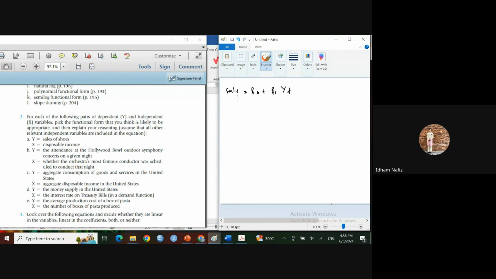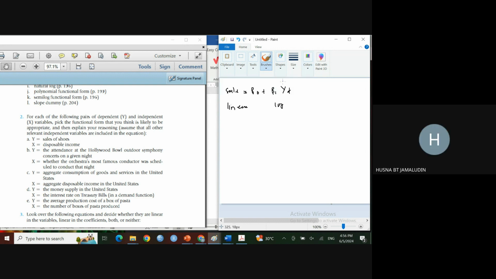Because it will increase at a decreasing rate. Is it? Explain. So when your disposable income increases, you are saying that this is linear, and this is log, right? Let me give a different color.